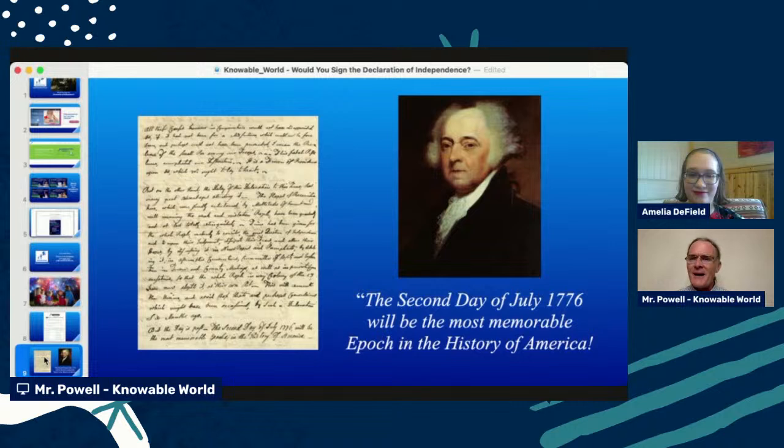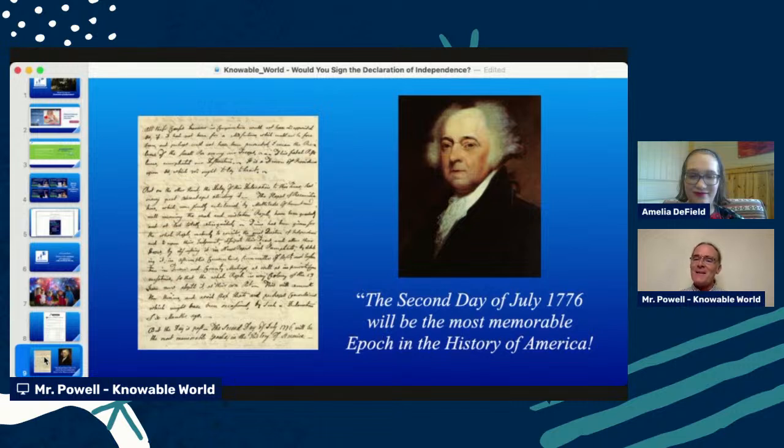So in effect, there's an argument to be made that the United States became a country at that moment. There wasn't anything else necessary to do. So there is an argument to be made that Americans should be celebrating Independence Day on the 2nd.